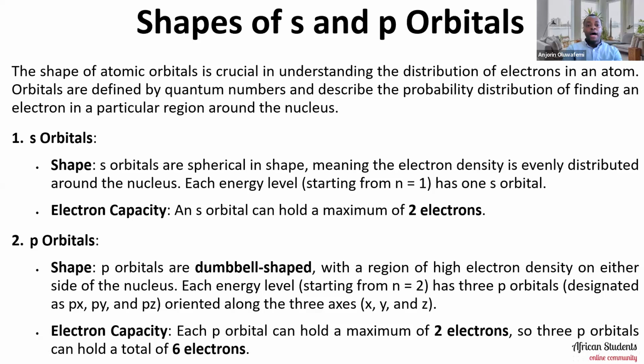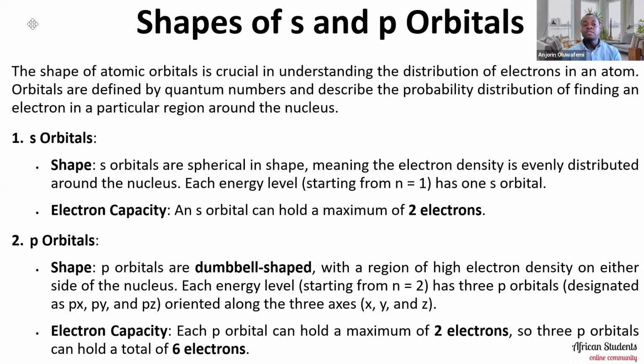The shape of atomic orbitals is crucial in understanding the distribution of electrons in an atom. Orbitals are defined by quantum numbers and describe the probability of finding an electron in a particular region around the nucleus.